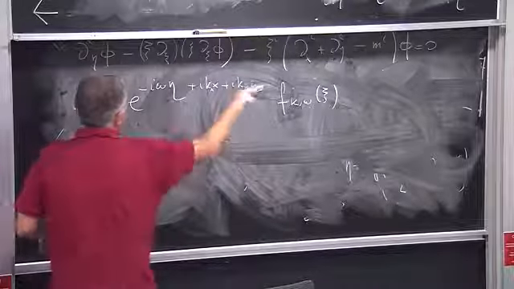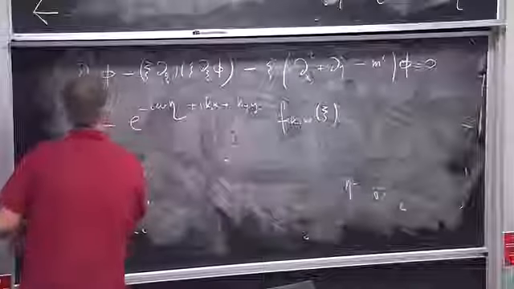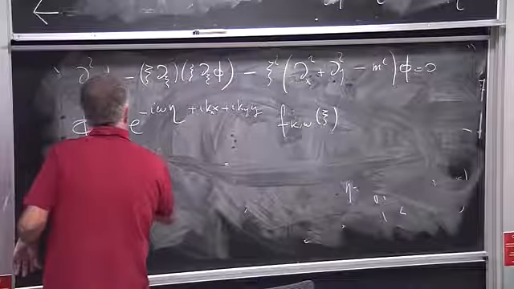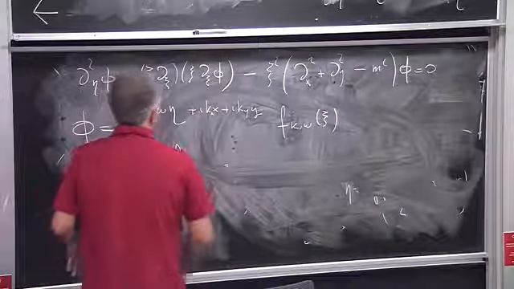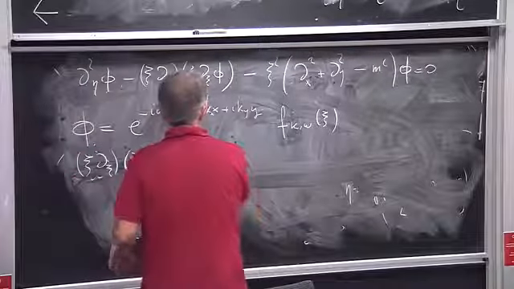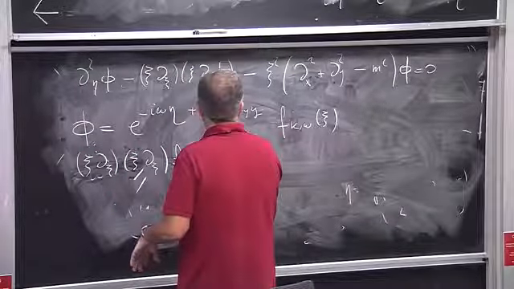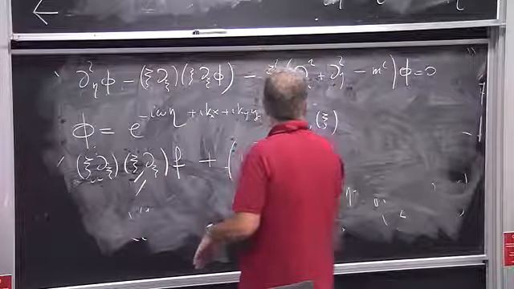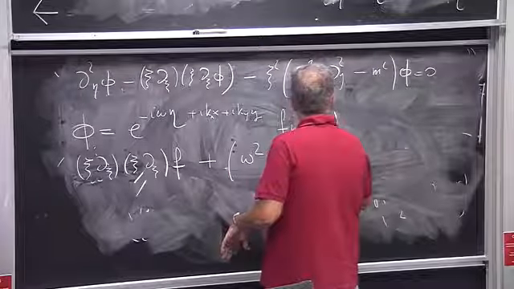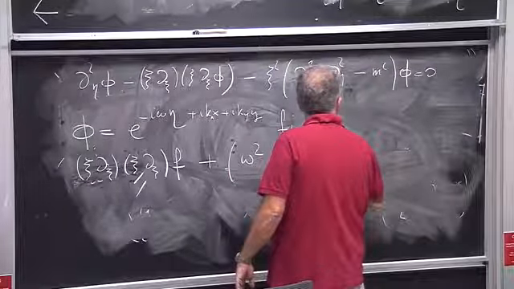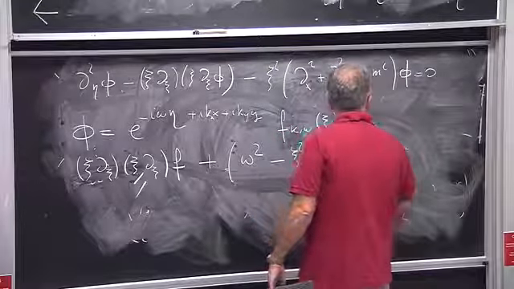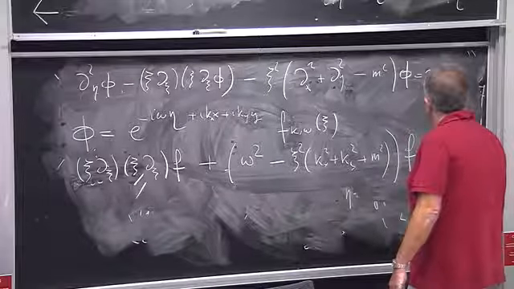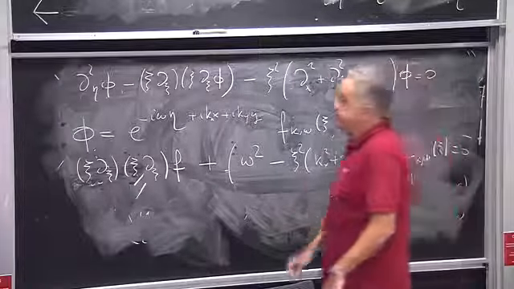So minus omega square, we are going to put the minus omega square there. We get xi dxi, xi dxi f, plus omega square minus xi square kx square plus ky square plus m square, f k omega psi equals 0.